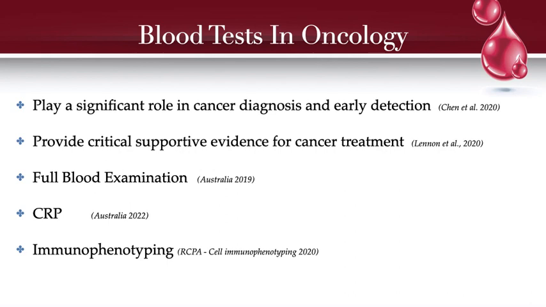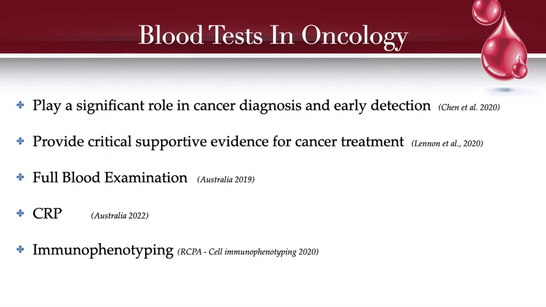In this case, we will look at patients' FBE, CRP, and cell immunophenotyping results. FBE refers to full blood examination, or sometimes is called complete blood count, which I believe we are all quite familiar with.